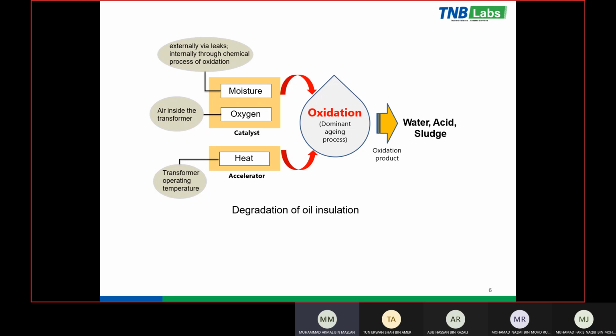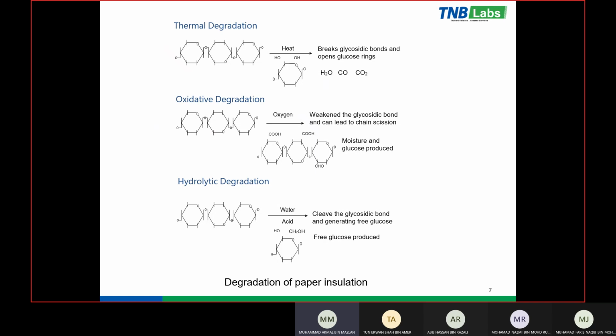Okay, next. For the paper insulation, there are 3 types: thermal degradation, oxidative degradation, and hydrolytic degradation. Just the same as oil insulation, it uses 3 different things, which are heat, oxygen, and water, but the processes are separated.